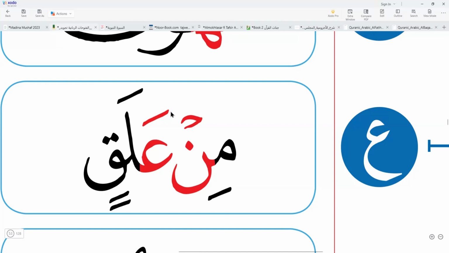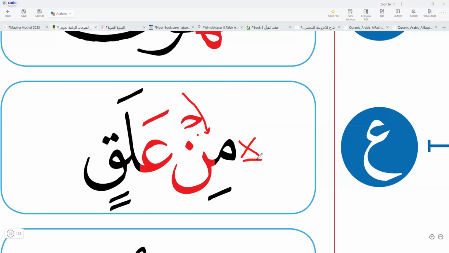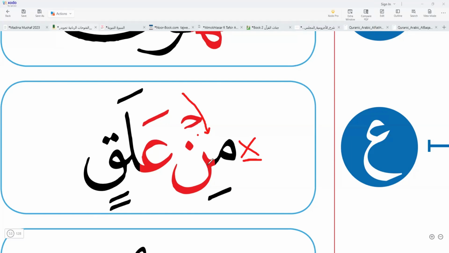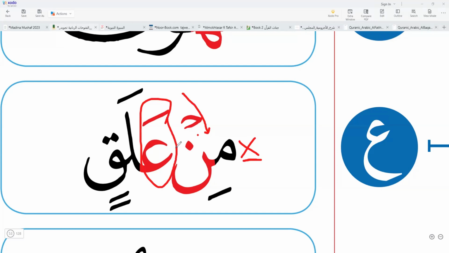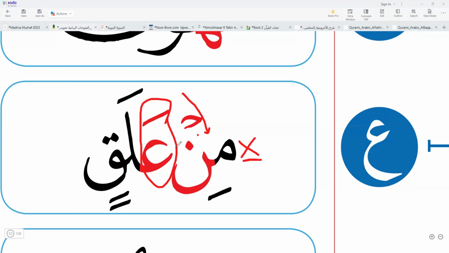I'm asking what letter the noon sakina is coming before. The noon is coming after the meem, not before. Okay, the noon sakina is coming before ayn. Does it make sense? Yeah, now it does.